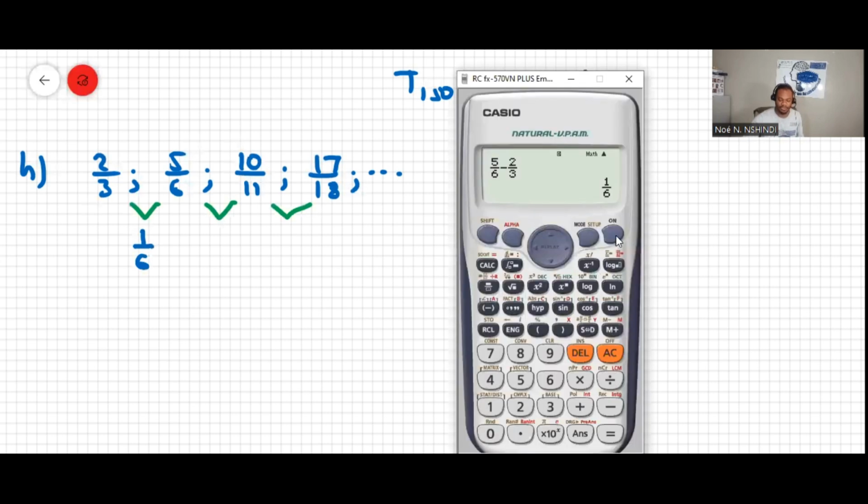And then we can also do 10/11 minus 5/6, and then hit equal there. That makes, not plus, but minus the difference, so this is 5/66.